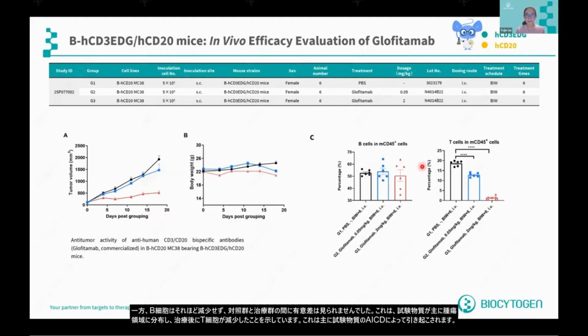Meanwhile, the B cells didn't decrease a lot, and there is no significant difference between the control group and the treatment group, which means that the test articles are mainly distributed in the tumor area. The T cells decreased after the treatment, which is mainly caused by the AICD of the test articles.